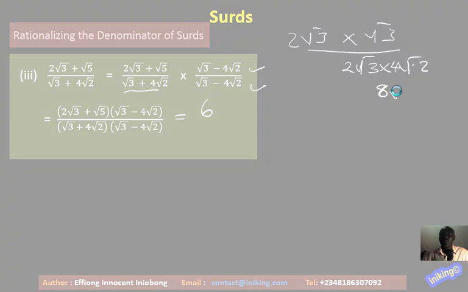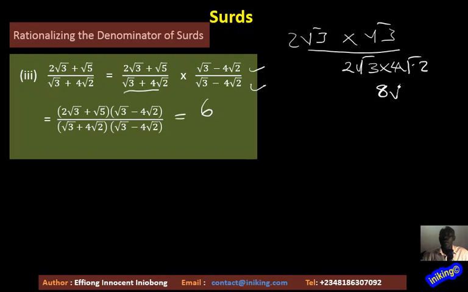Sorry about that. Please, let's hold on a bit. Okay, we're back. This is root 3 times root 2 will give us root 6. So that will give us minus. Why? Because the 2 root 3 is positive and this is negative. So I have 8 root 6. And then we continue the expansion. This time around with root 5.